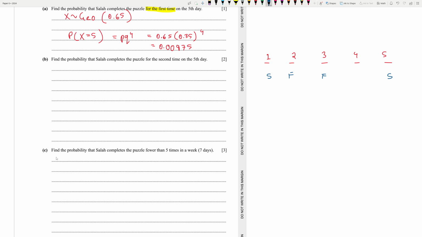It's like this, or it could be failure, success, failure, failure, success, or failure, failure, success, failure, success, or failure, failure, failure, and success 2 times consecutively. So what does that mean? This 0.65 is fixed, but this 0.65 is variable. So what does that mean?